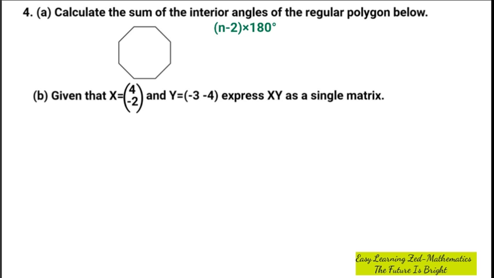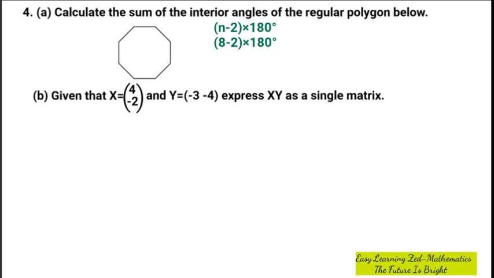We're going to count the number of sides, because n stands for the number of sides. It has got 8 sides. So we write 8 minus 2, multiplied by 180 degrees.